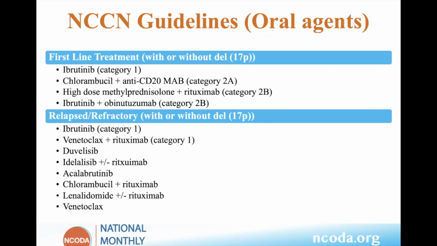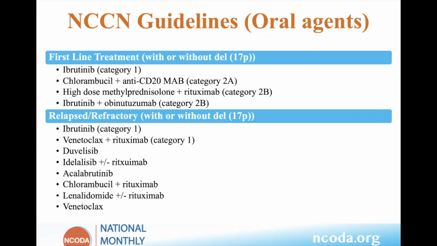And for relapsed refractory disease, we see several oral agents, including Imbruvica, Copiktra, Venclexta, and Zydelig, with or without a 17p deletion, and these medications, either given in monotherapy or with rituximab, can be used to treat these patients.